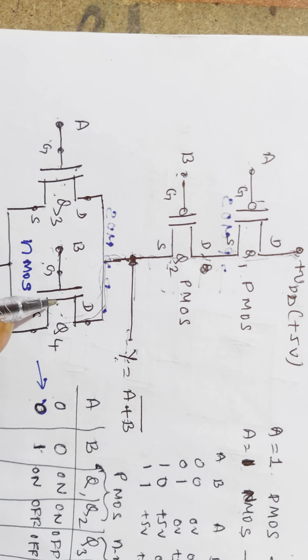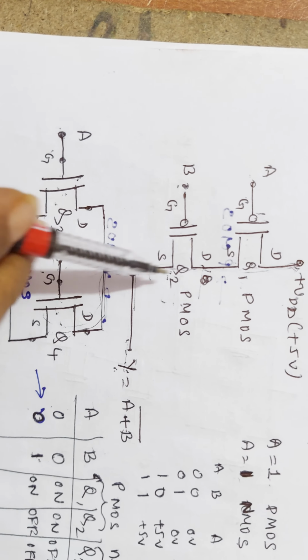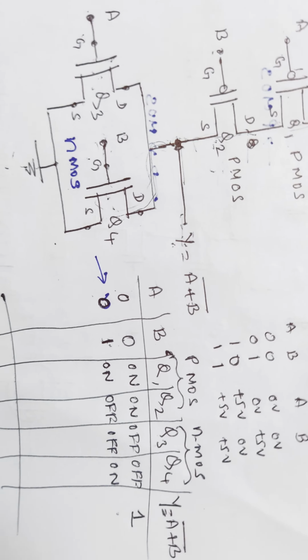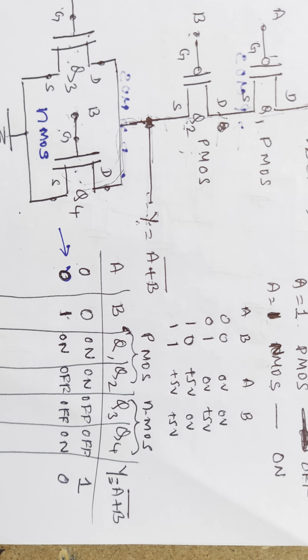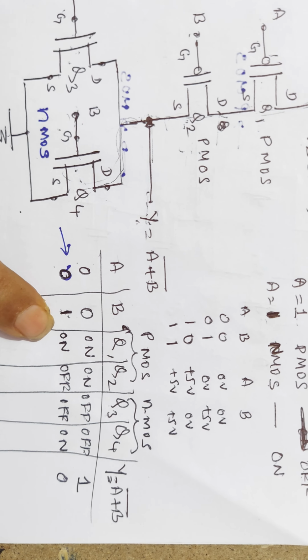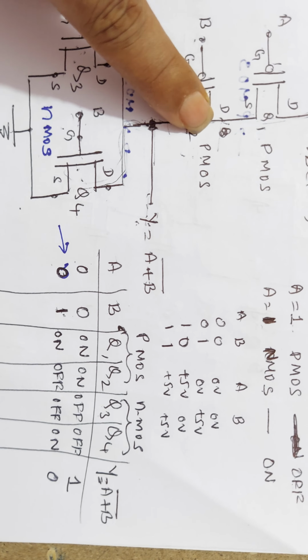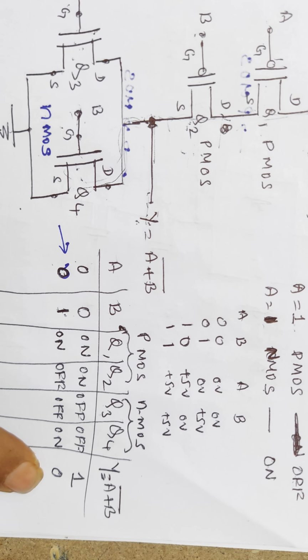B equals 1, so the N channel goes on. Since it is open here, no current flows, output is 0. So when A equals 0, B equals 1, this goes on, this goes off. When this is off, no current flows here, output Y equals 0.